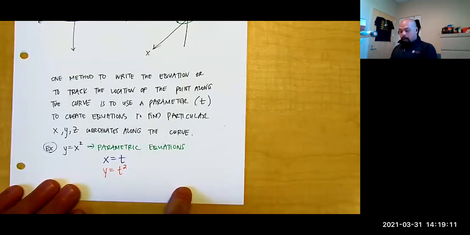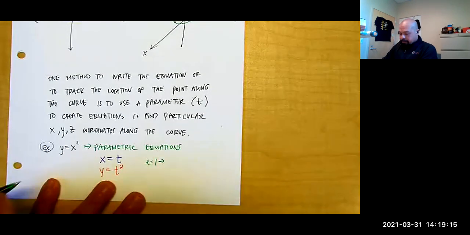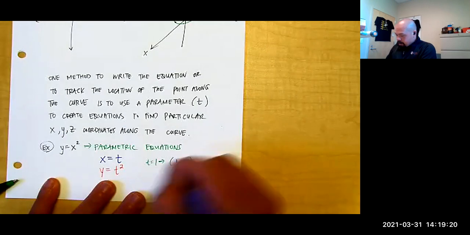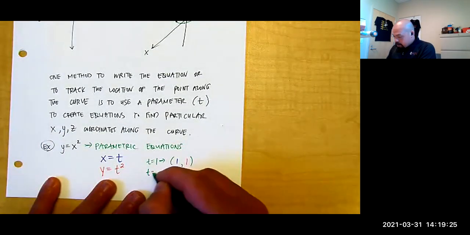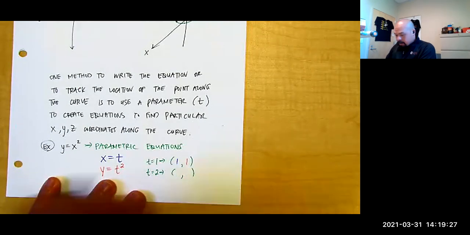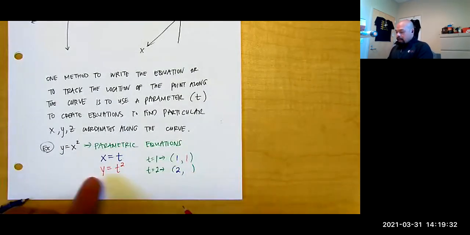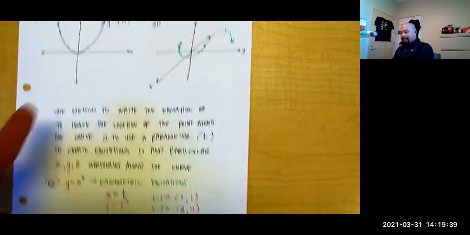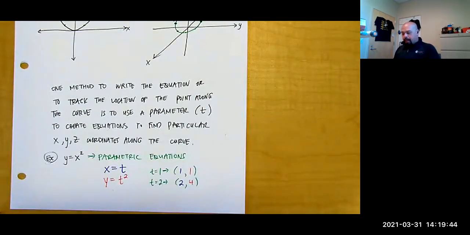So we get the ordered pair 1, 1, right? When t equals 2, x equals t, 2. y equals t squared, 4. Now we can do that for any t, and we can start to build up those ordered pairs and get that same curve we talked about before. Okay?